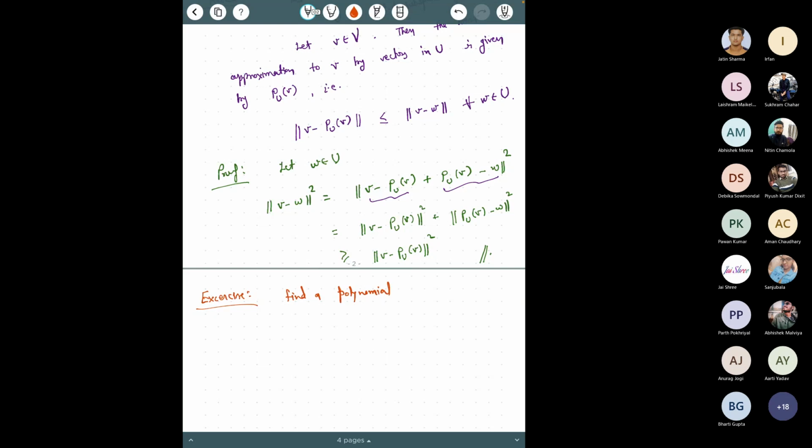So find a polynomial p of degree 5, let's say, that approximates sin x on the interval minus pi to pi as well as possible.